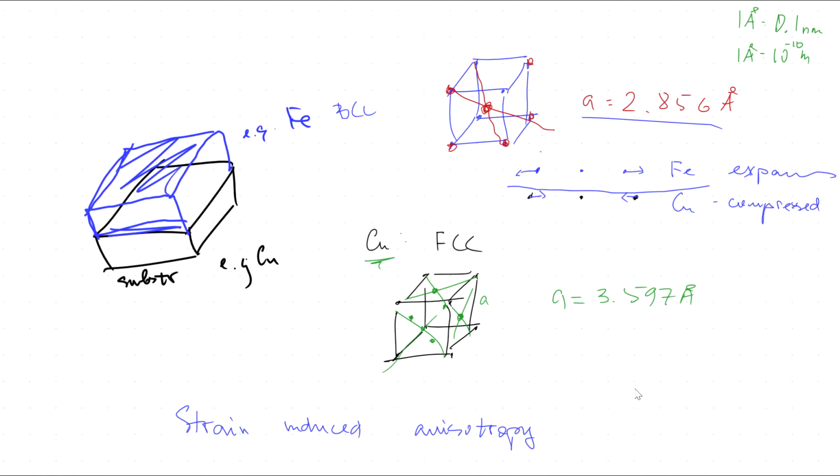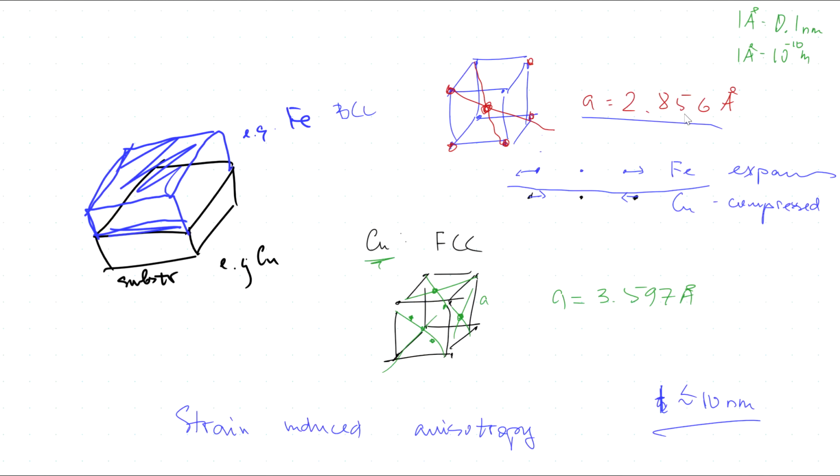And about thin films is that whenever the thickness of the film is on the order of less than or equal to, let's say, 10 nanometers. But it varies for different materials. It depends on the so-called lattice mismatch. So if you take lattice of copper and lattice of iron, they don't have the same value.